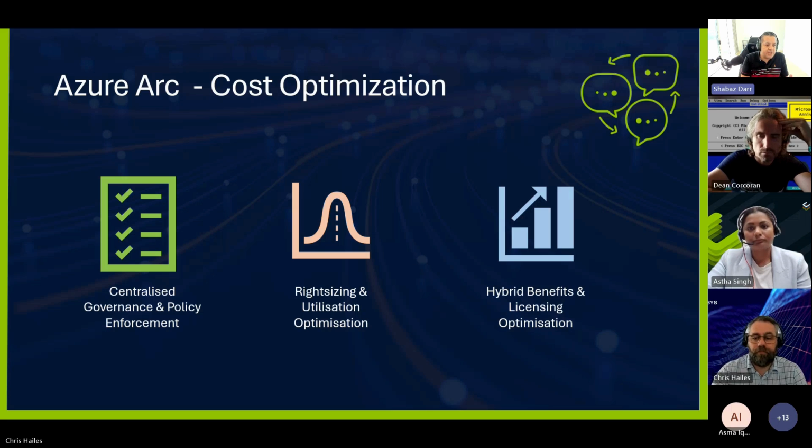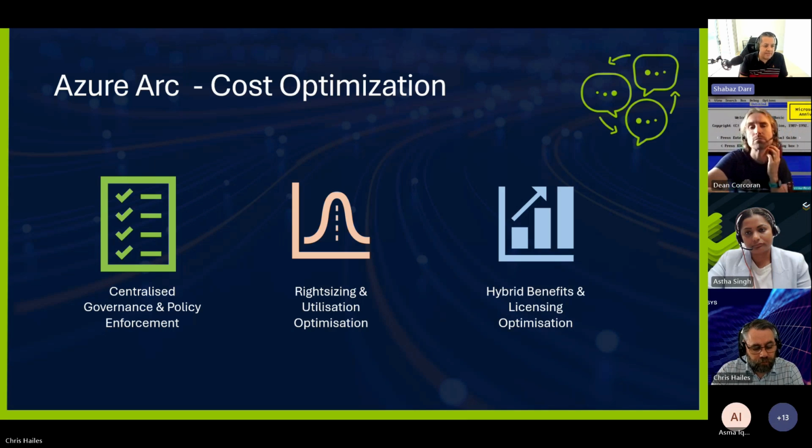If you have applications for legacy reasons that need to stay on premises, or you've got things in GCP or AWS that for whatever reason need to stay there, they can't migrate them across, then this is going to help with that. It's going to allow you to keep those there, but have one pane of glass to manage them, be able to see that sort of optimization from a usage perspective and do the right sizing reservations. And another massive benefit I think we're going to get into in a bit more detail is those hybrid benefits.